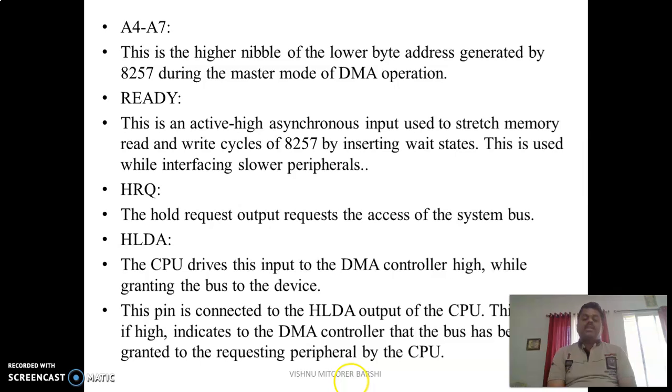A4 to A7 are the higher nibble of the lower byte address generated by the 8257 during master mode. READY is an active high asynchronous input used to stretch memory read and write cycles of the 8257 by inserting wait states. This is used while interfacing slower peripherals. HRQ, the hold request output, requests the access of the system bus.